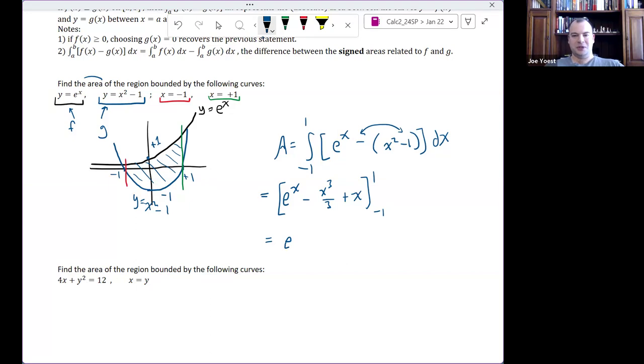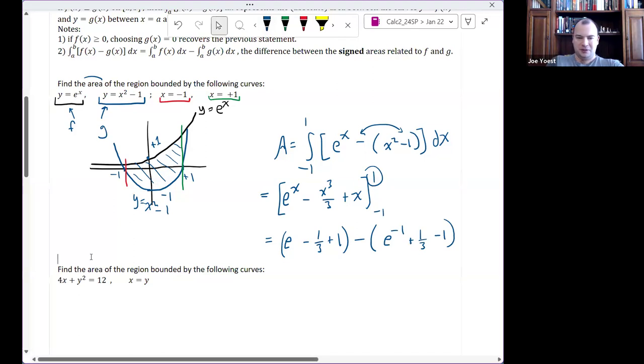So this is e to the 1 minus 1 cubed over 3 plus 1. Subtract off this expression evaluated at -1: e to the -1, and minus (-1) cubed over 3 is plus 1/3, and then -1.